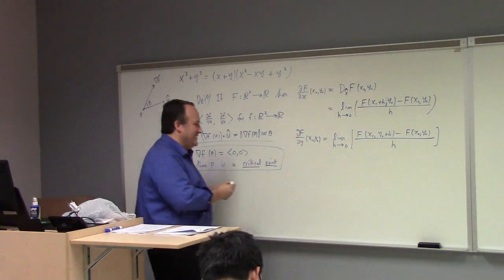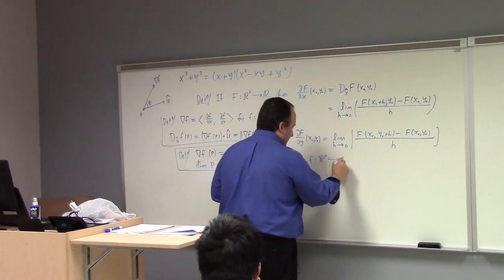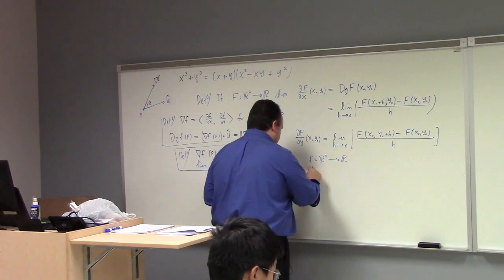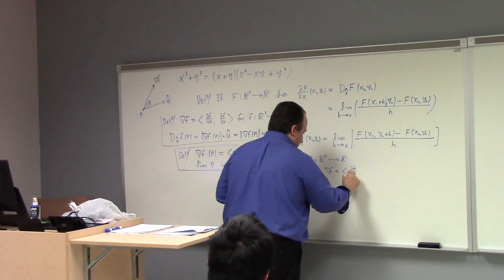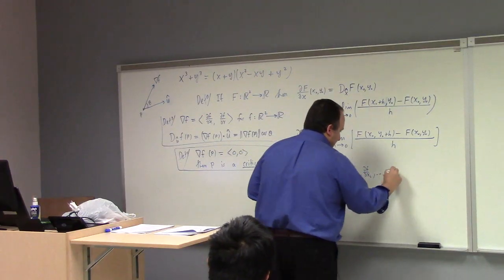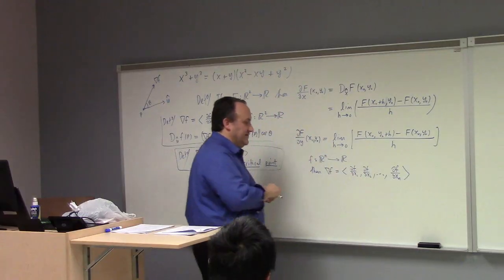More generally, if you have f going from Rn to R, a real valued function of n variables, then the gradient of f is an n vector, right? It's a vector field in n dimensions.